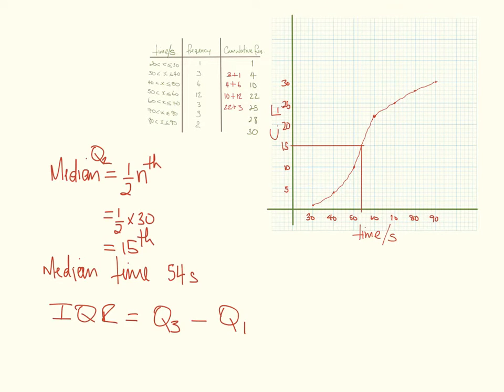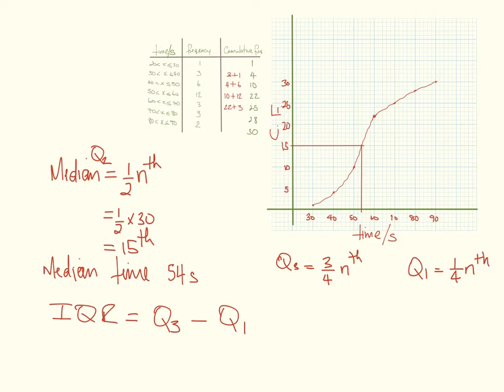So we need to work out the upper and lower quartile, and we'll work them out in the exact same way we worked out the median. So our Q3 is 3/4 of the nth value, and our Q1 is 1/4 of the nth value.